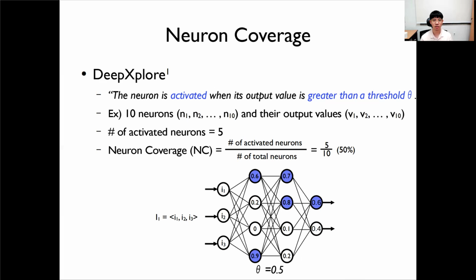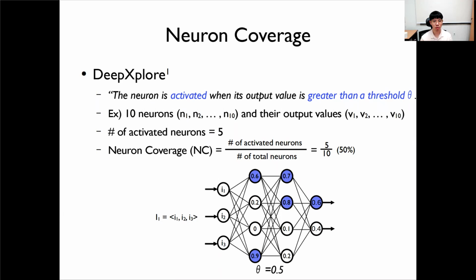And when taking input vector I1 as input, and suppose that the output values are calculated as follows, then the number of activated neurons in this case is 5, because the 5 output values of the neurons are bigger than the threshold 0.5.